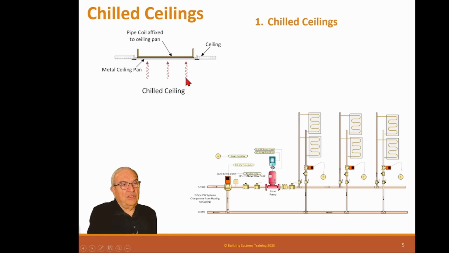So these chilled ceiling plates normally cover almost all the ceiling space unless it has something else in it. You know, if it has a light in it or a fire sprinkler head, or a speaker, you can't put a chilled ceiling tile in something that has something else there.